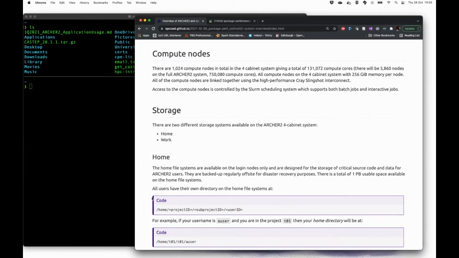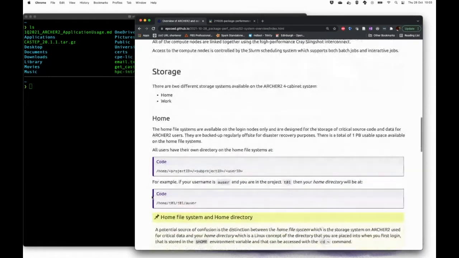Typically, the home file system is used for critical data because it's fully backed up, but it has smaller capacity, and obviously you can't use it with the compute nodes. Work is a parallel file system, which has high performance potentially, but isn't backed up at all. So they are slightly different use cases.